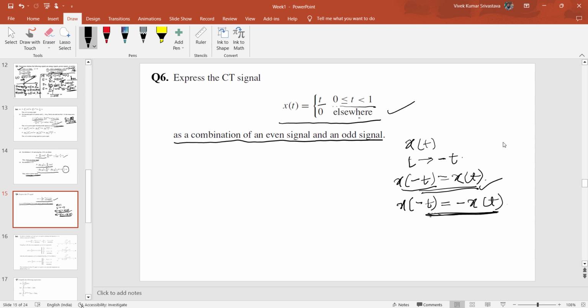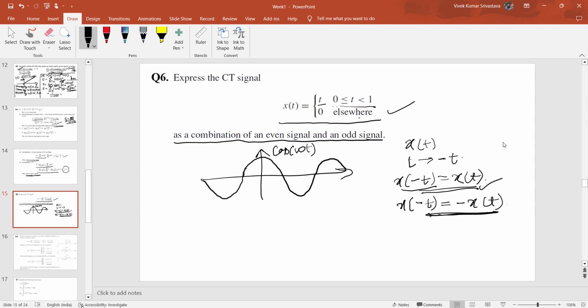The best example for this kind of signal is the cos signal, cos of omega t. We can plot cos of omega t like this.